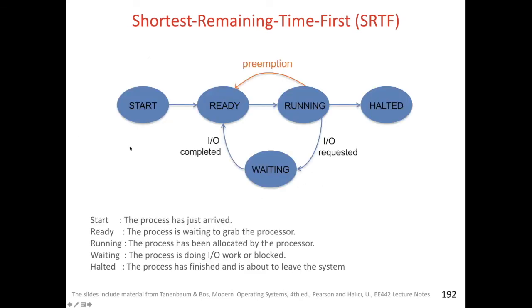Consider the process states. Start means the process has just arrived. Ready means the process is waiting to grab the processor. Running means the process has been allocated the processor. Waiting means the process is doing I/O work or is blocked. Halted state means the process has finished and is about to leave the system. When the process starts, it enters the ready queue.